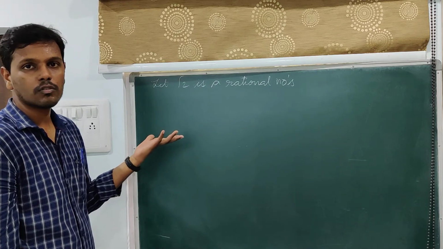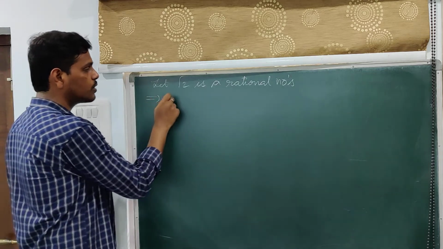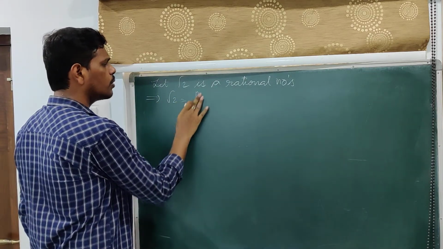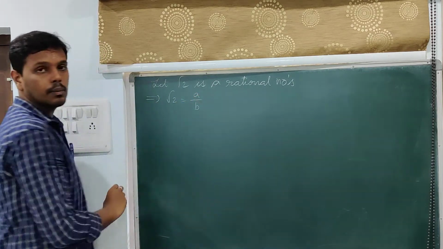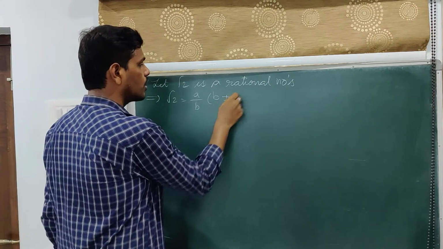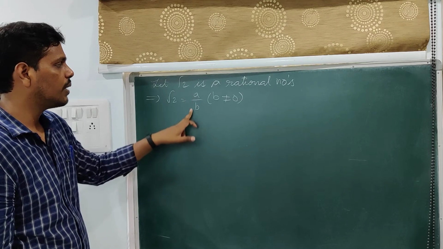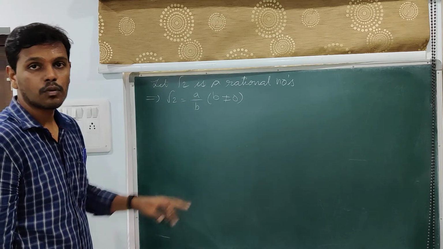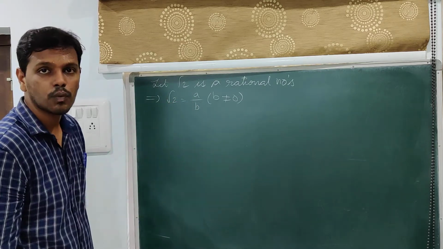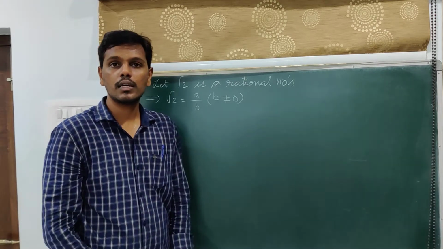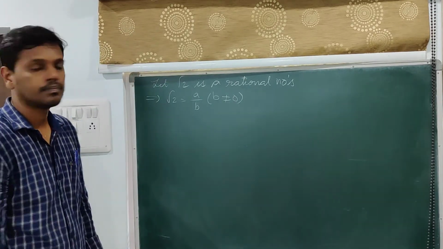That is, any rational number is of the form p by q, so I can write root 2 as p by q, or a by b rather, a by b where b not equal to 0. And I am considering root 2 in its simplest form, that is a by b in its simplest form. Simplest form in the sense the HCF of a and b is 1. That is, other than 1 there are no numbers which divide a and b.